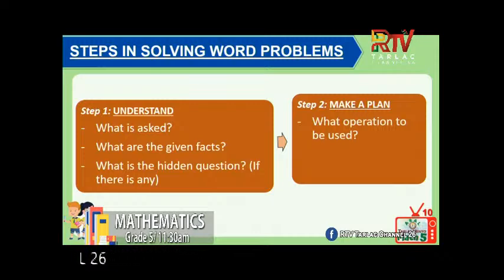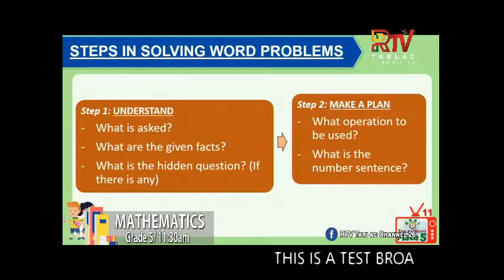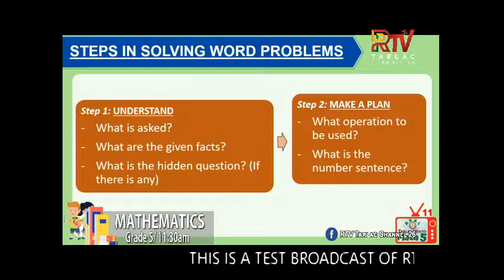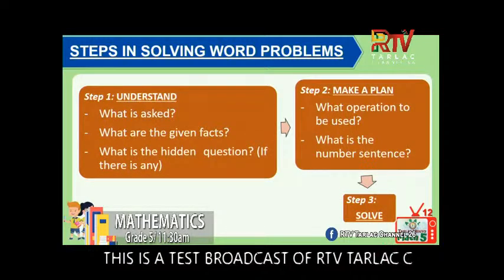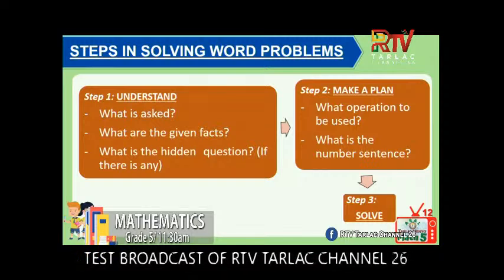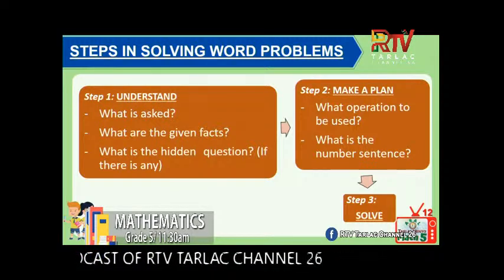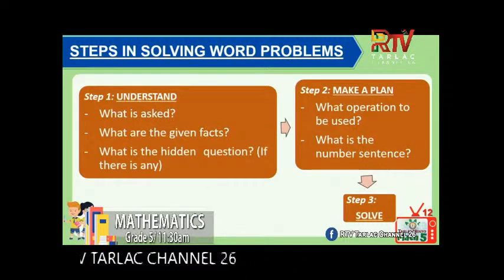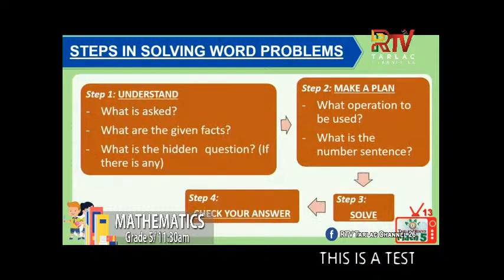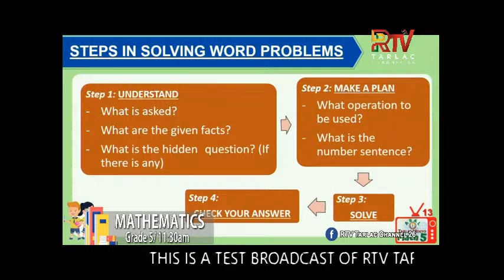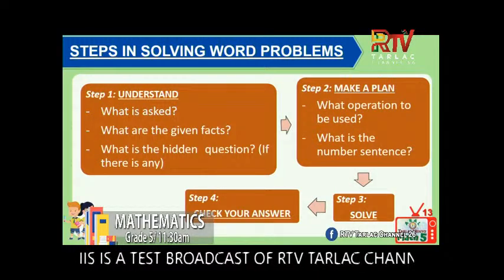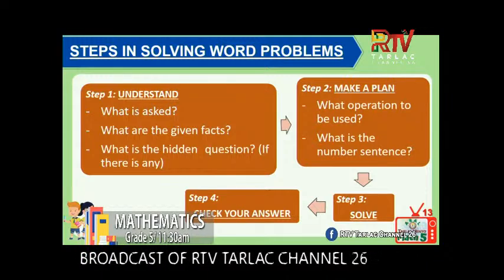Decide what operation to be used, and then formulate or write your number sentence. Next is step number 3. Solve. This time, you will carry out your plan based on the problem. This will show your solution to the problem. Finally, step number 4. Check your answer. You have to look back and check if you arrived at a reasonable answer.